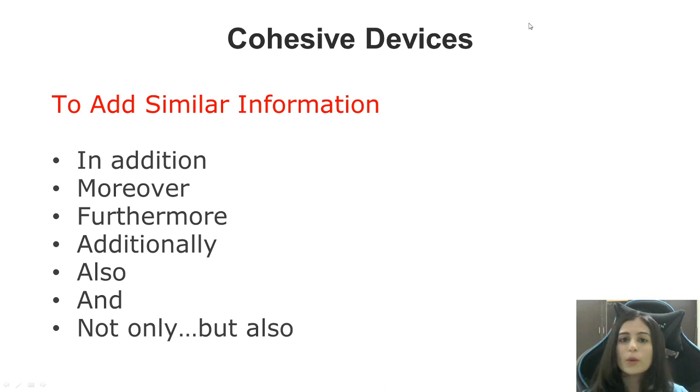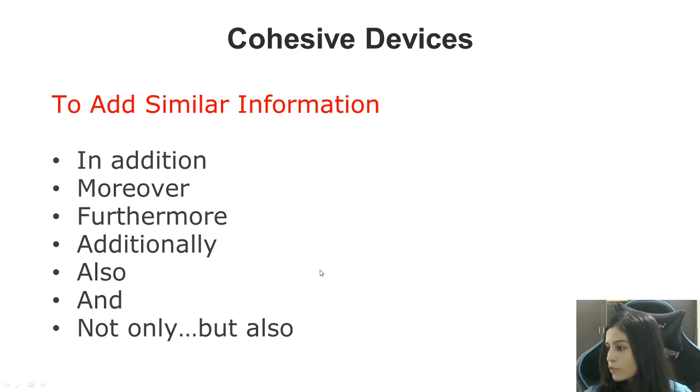Pooja, we are discussing cohesive devices, which are also known as connectors, and these are the first set of connectors which are used to add similar information. Whenever you have to add similar information, in that scenario, you'll be using these words.